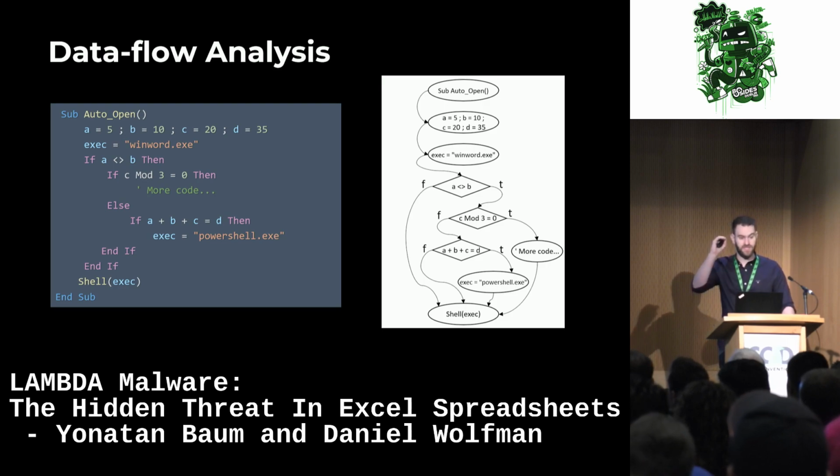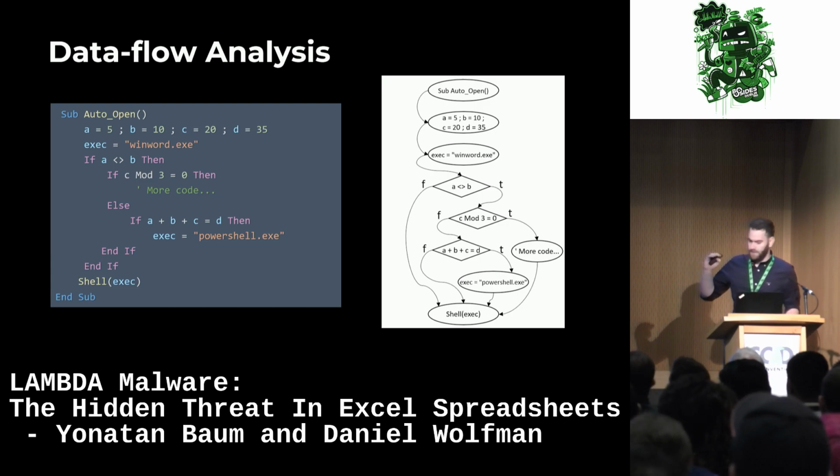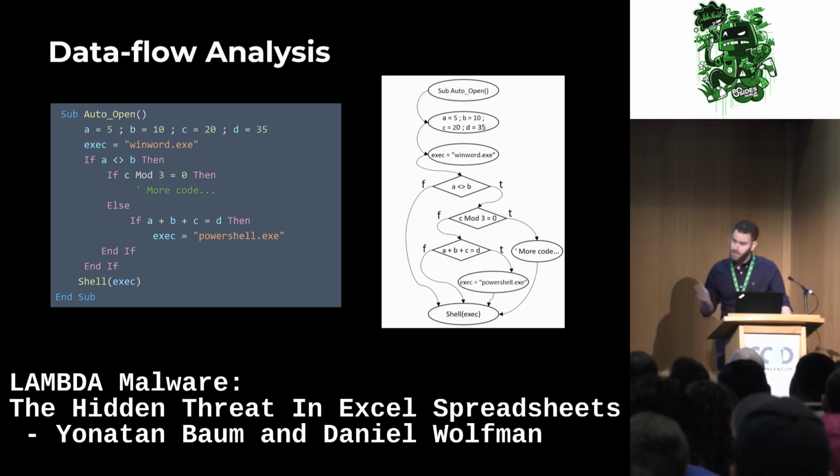Then, the engine evaluates the graph node by node, paying special attention to changing variable values. Once the engine reaches shell, it examines the content of exec, noticing its value is PowerShell, meaning that the macro is in fact malicious.